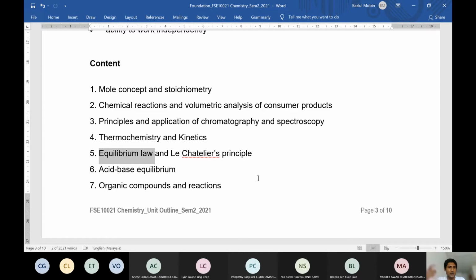You go to the restaurant, you order a lemon juice or whatever. The acid-base equilibrium is also important. So I'm saying that chemistry is a very, very vast area. You can relate it to every aspect of our everyday life, every work, every industry. But the most important thing is you have to have that knowledge first.